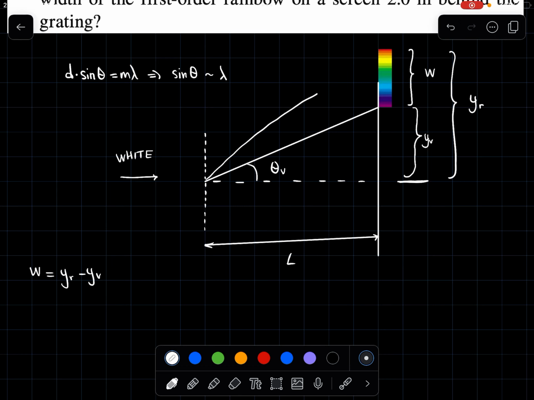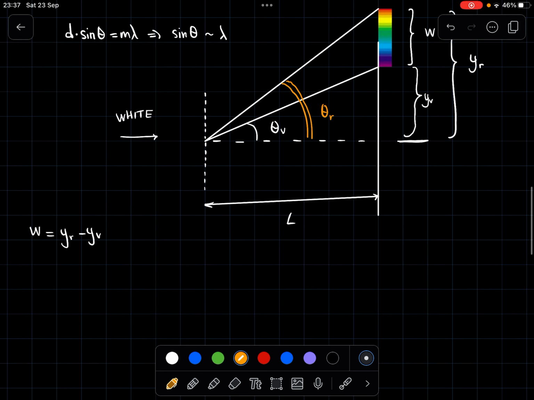Let's also draw the angle of the first maximum of red light. It will be here, and let's call this angle theta red. So we need to find these angles.